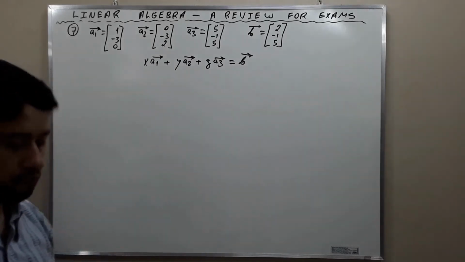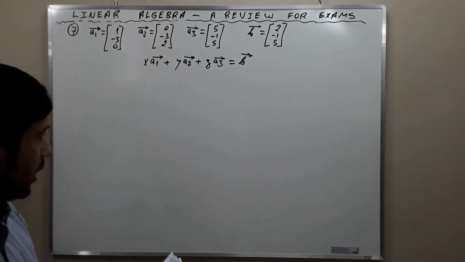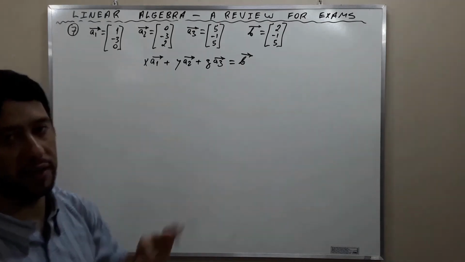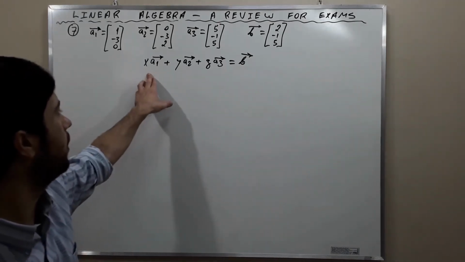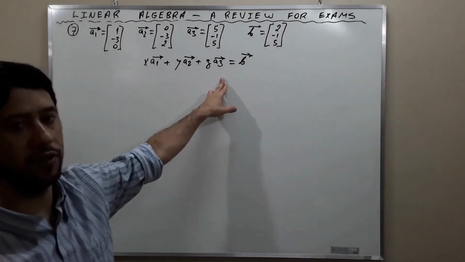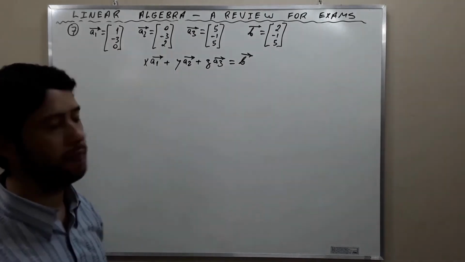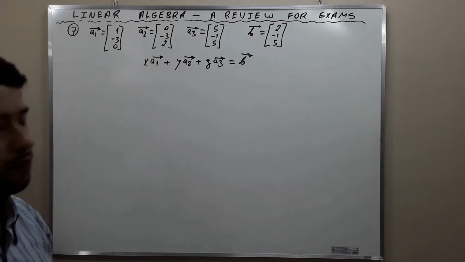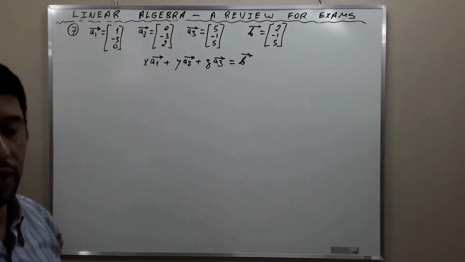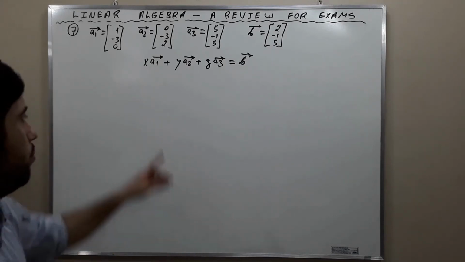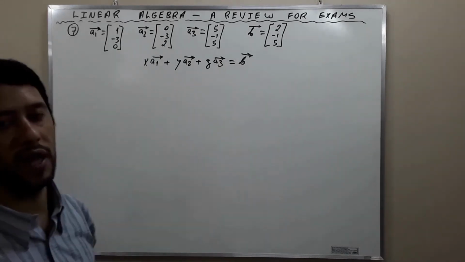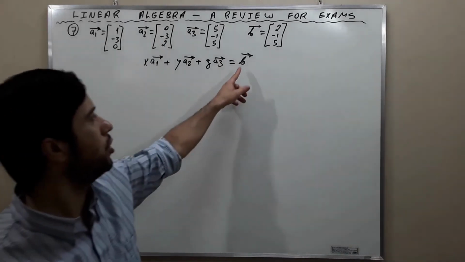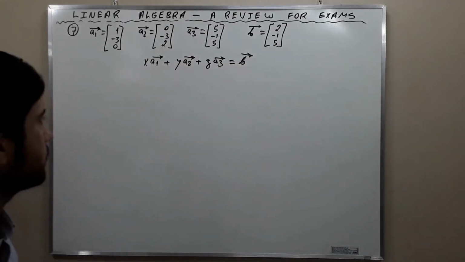All right? And we are combining the vectors, and the result must be the vector b. And there will be only one triplet of values, x, y, and z, that will produce b. Okay?